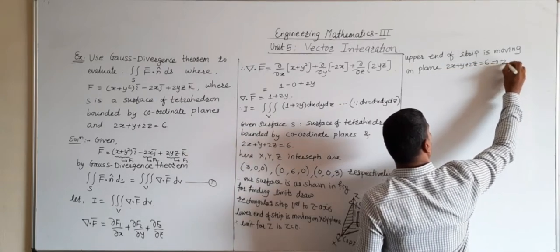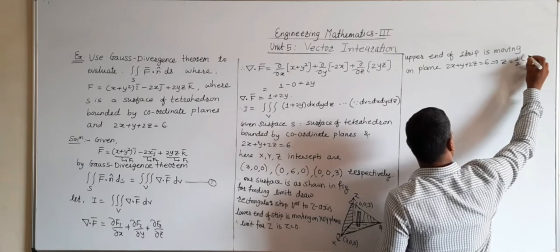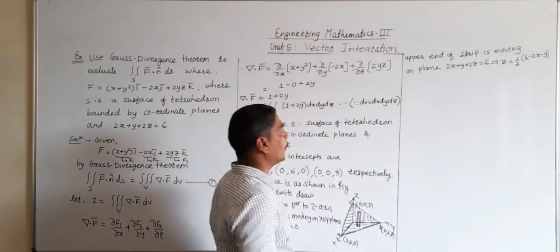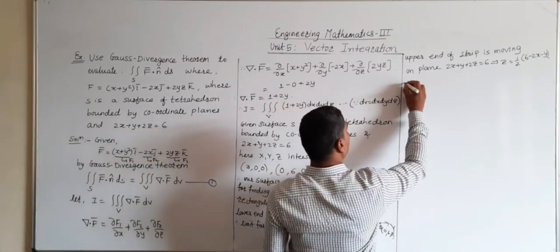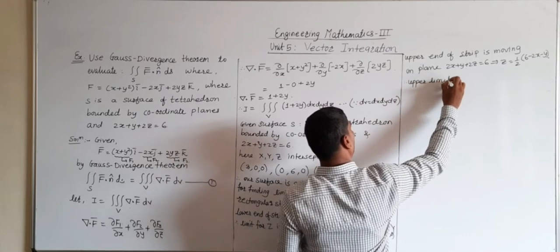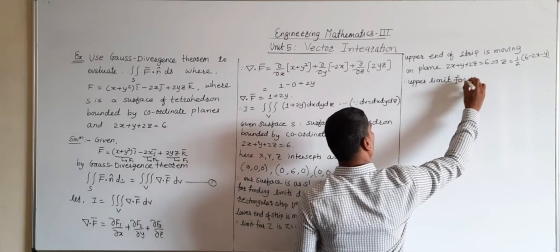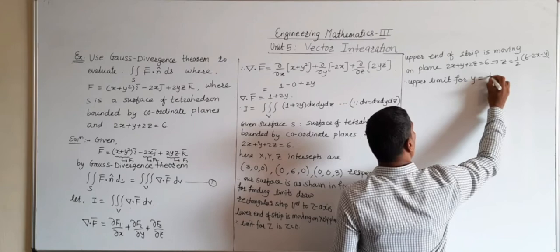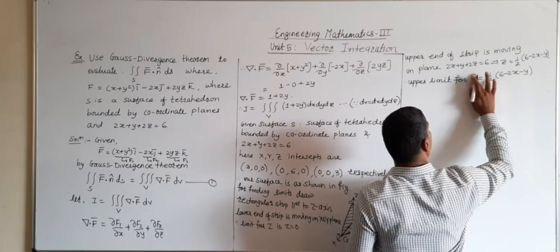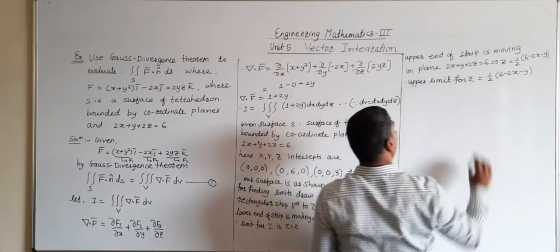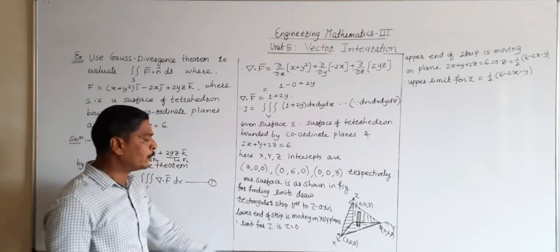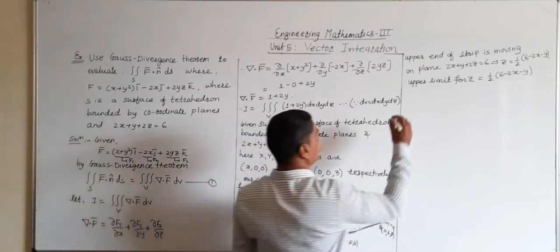So this implies z is equal to 1 upon 2 into bracket 6 minus 2x minus y. Therefore the upper limit for z is 1 upon 2 into bracket 6 minus 2x minus y, and z equal to 0 is the lower limit for z.